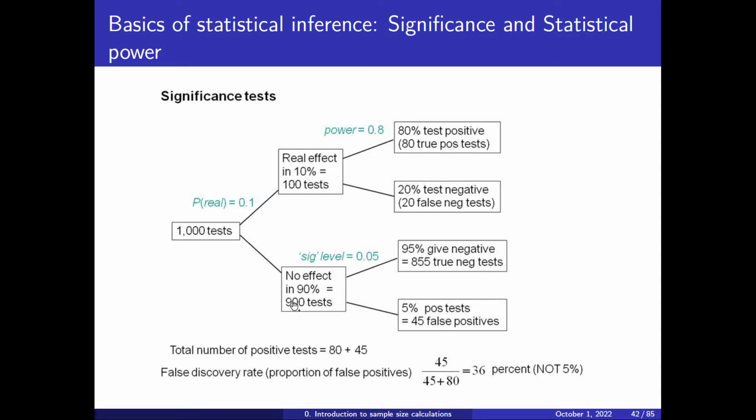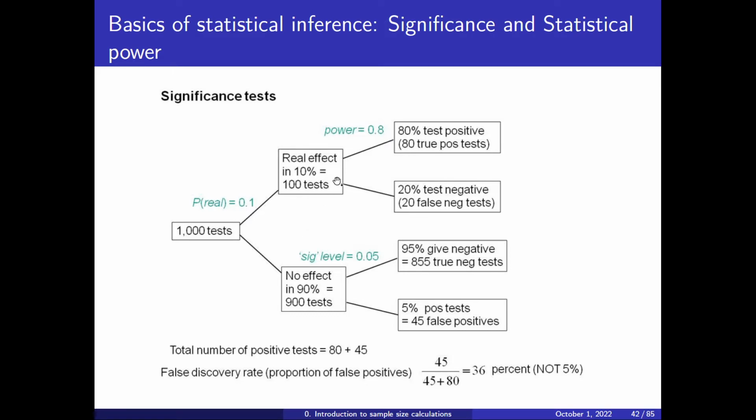Out of these 900, you will have 5% of them where you have been unlucky with the samples, and you think that they make a difference, but they don't. 5% of 900 is 45. These are the false positives, and for the other 95% you were right. You don't reject the null hypothesis, so there is no effect, which was the real state of nature.